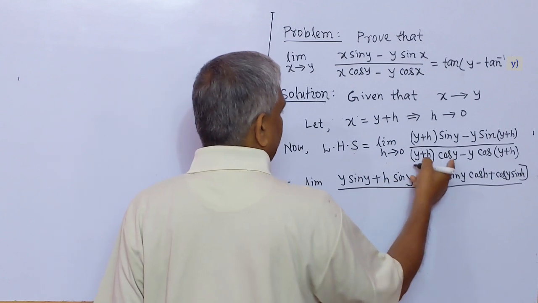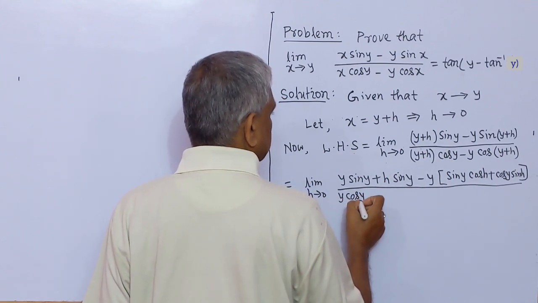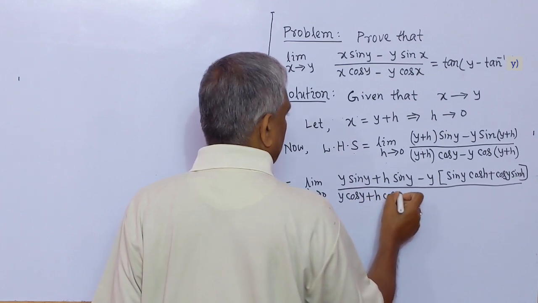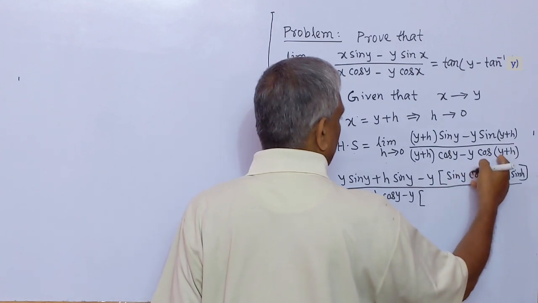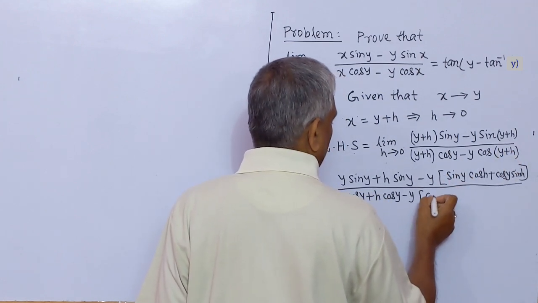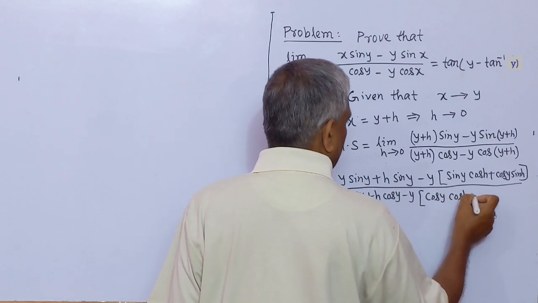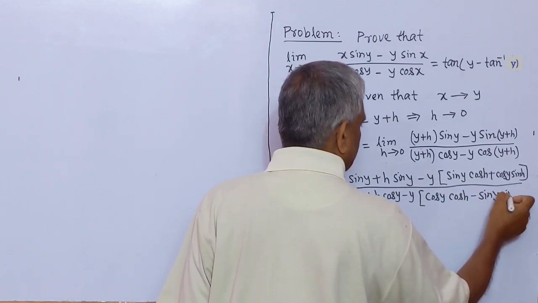Here y cos y plus h cos y minus y. Formula of cos y plus h is cos y cos h minus sin y sin h.